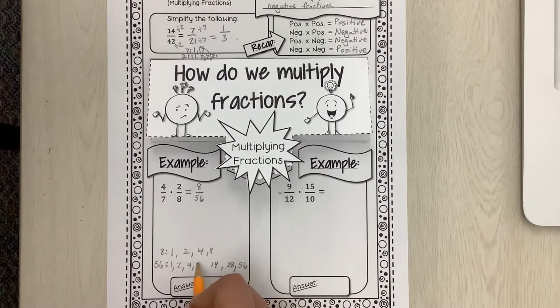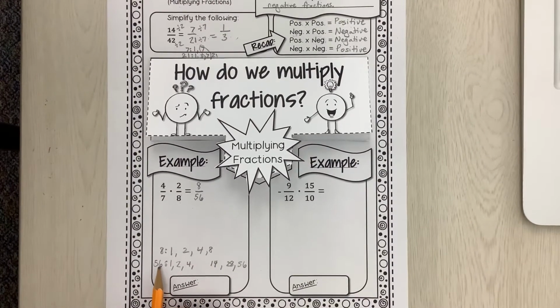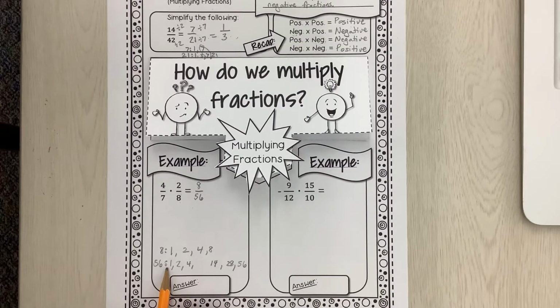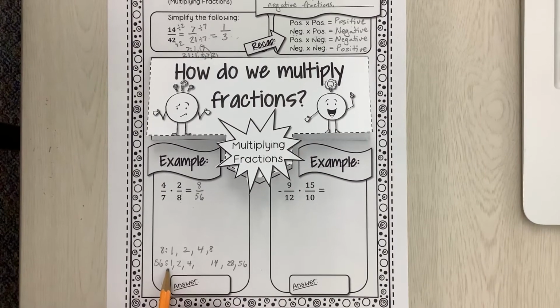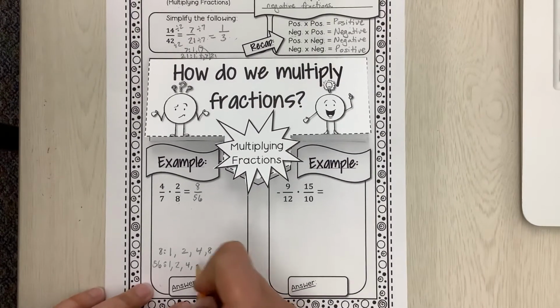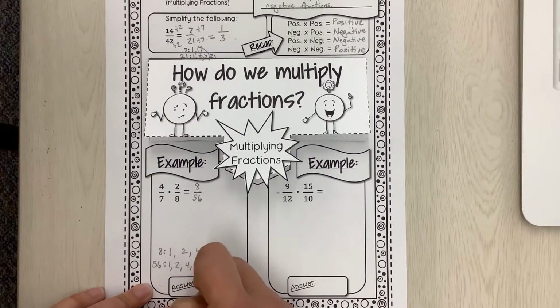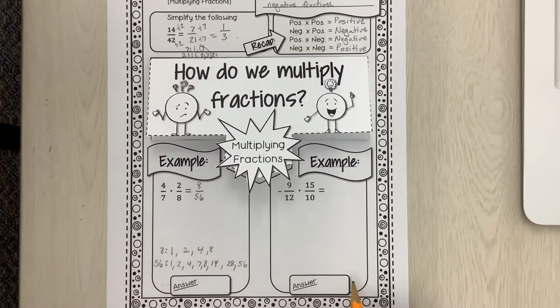Let's try 5. Would 5 work? No, because it's a 6. Let's try 6 and see. 56 divided by 6. No, that doesn't work. Let's try 7. 56 divided by 7. Yes, there we go. So 7 times 8 equals 56.